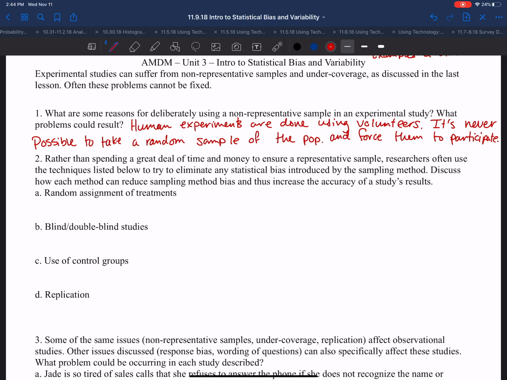Now, random assignment of treatments, this helps ensure that the treatment and control groups are similar, so if different outcomes are detected, it is due to the treatment.